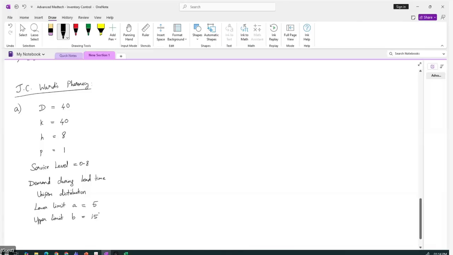So what we need to determine first is the order quantity Q. We have already looked at this formula: square root of 2KD by H into square root of H plus P divided by P.